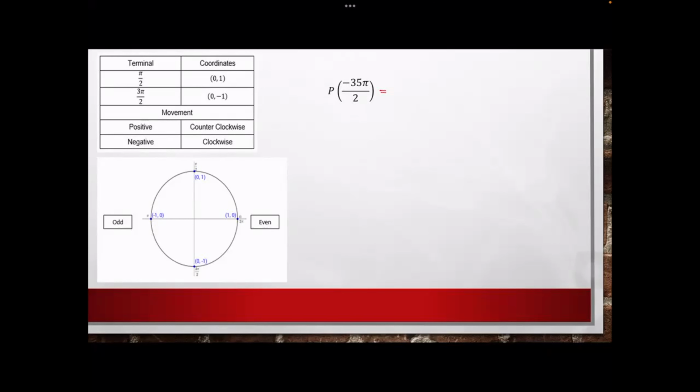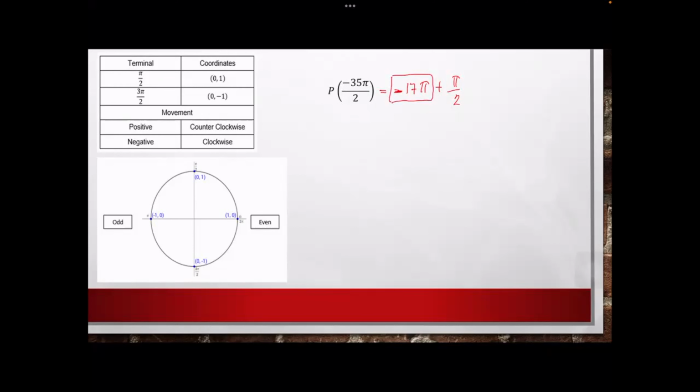Negative 17.5 po. Okay, so this is negative 17.5 or negative 17 pi plus pi over 2, kasi 0.5 is pi over 2. Remember that's negative 17. Now, again, question is 17. What is 17? So, this is odd.